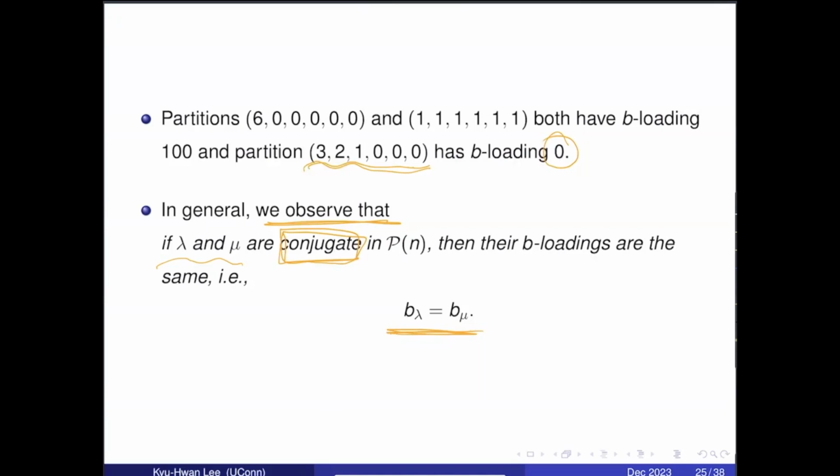By the way, this is just an observation. Again, we have not proved it yet. All these things should be proven rigorously, but today's purpose is to make data scientific observations.